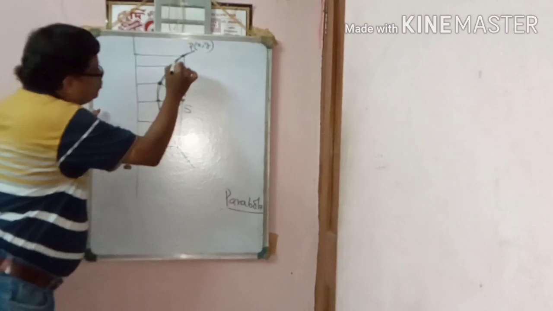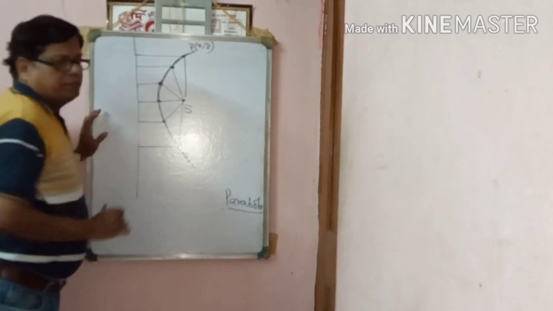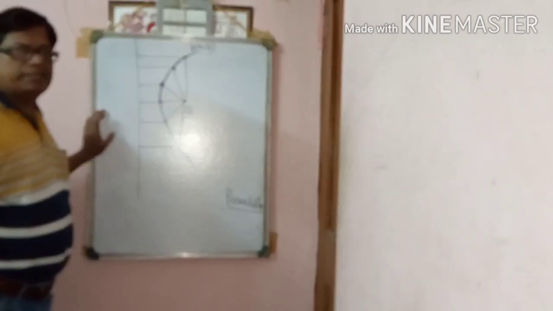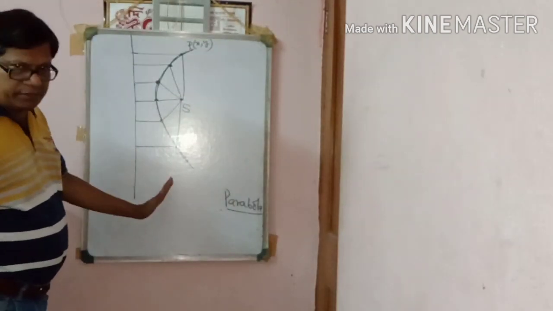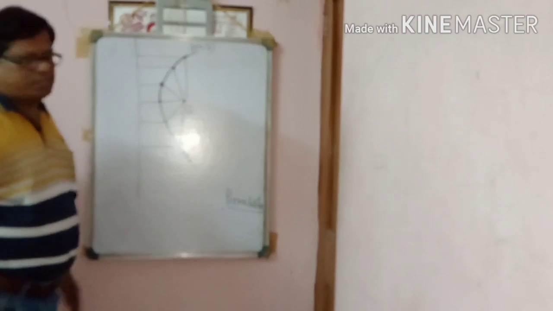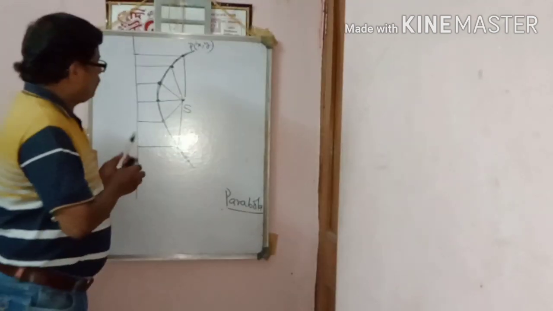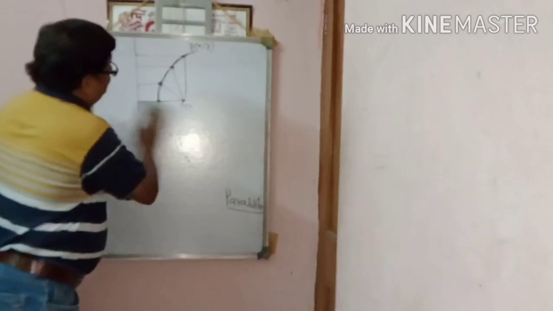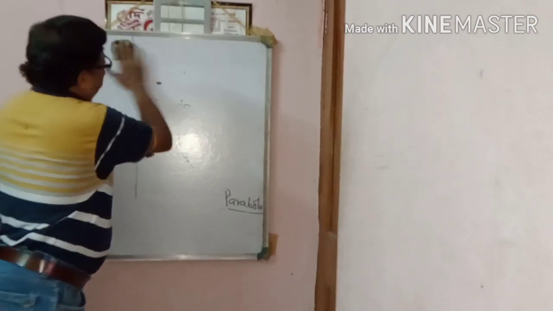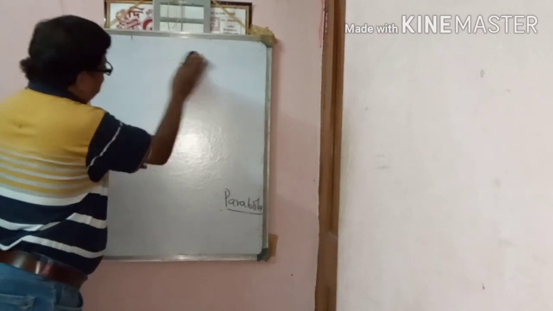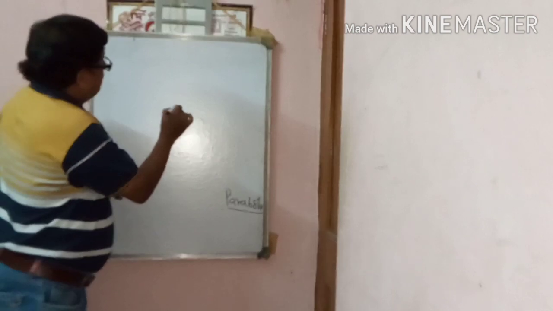Now the locus of the point is a parabola, the path covered by the point. So this is the locus of a point. Again, see, this is a fixed point.